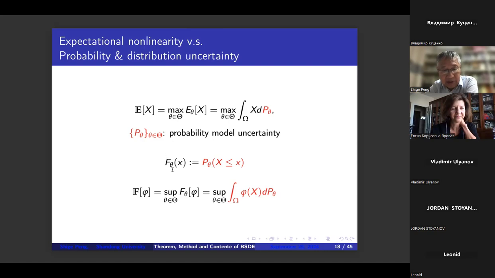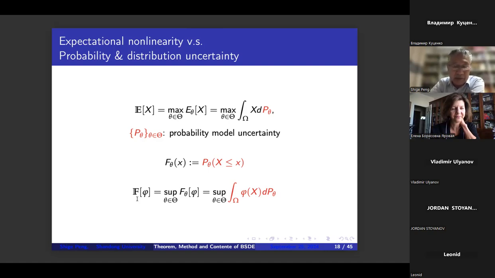Then when we define the corresponding one, we have f5, which is a sublinear expectation.